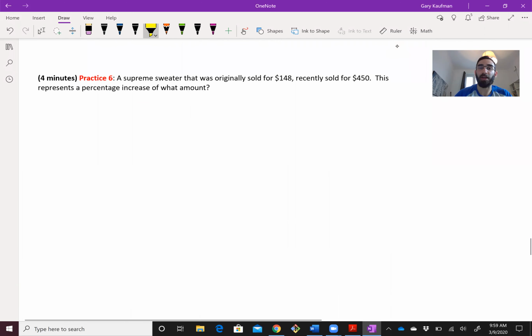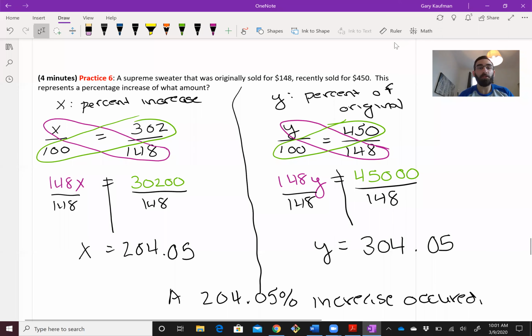All right, here's practice 6. So I again solve this in 2 different ways. The left side, X as the percent increase. So notice, since I'm dealing with just the increase, I wrote 302, which represents 450 minus 148. I was looking at just the increase. Now the Y was percent of the original.